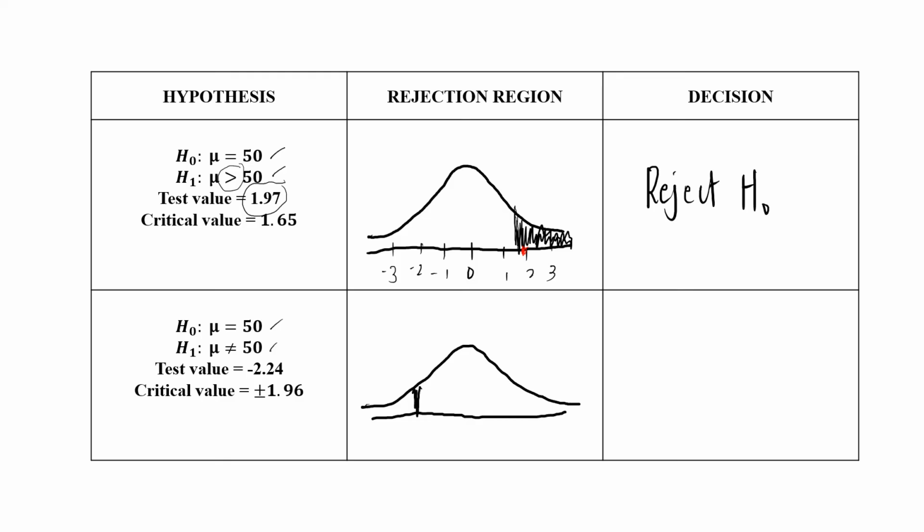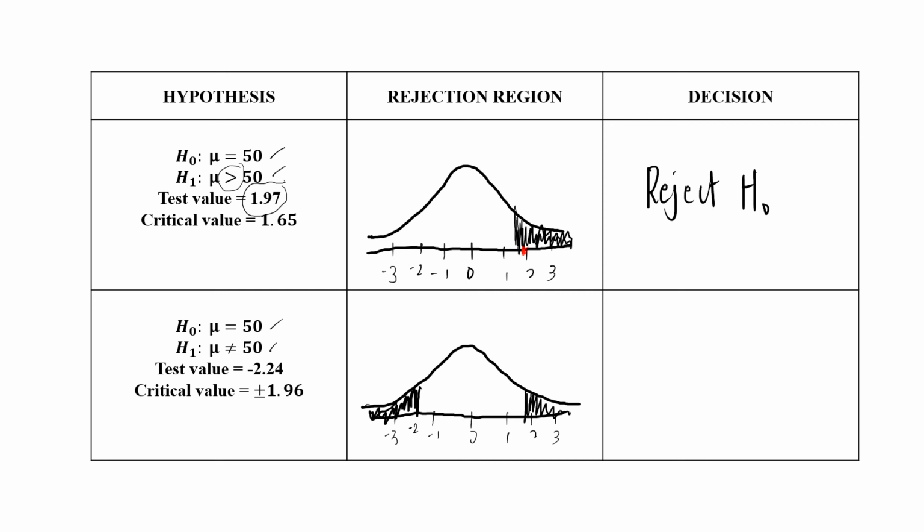Okay, so, assume natin nandito yung ating normal curve, dito si negative 1, negative 3, 0, 1, positive 1, positive 2, positive 3.